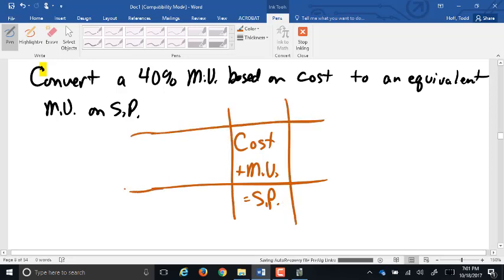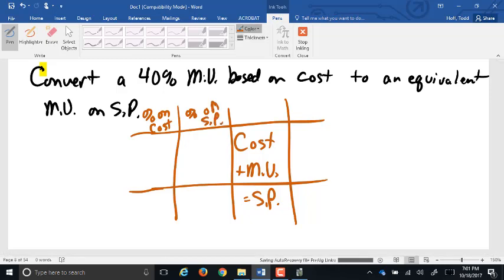My chart's going to look a little one-sided here. Really doesn't matter which one I put where, but one of these is going to be percent on cost. The other one's going to be percent on selling price.